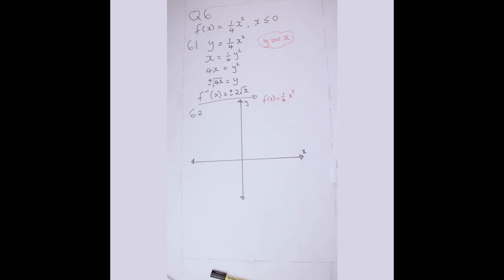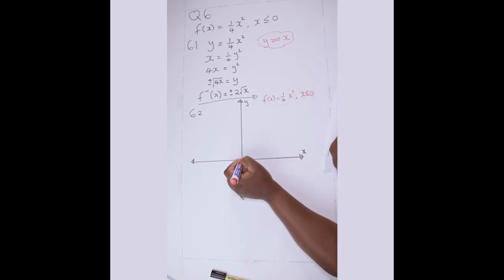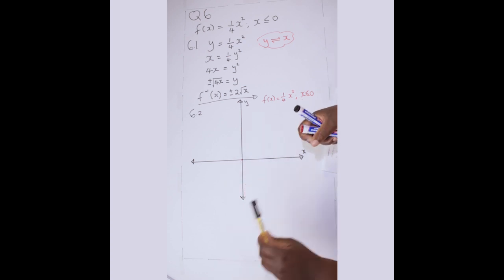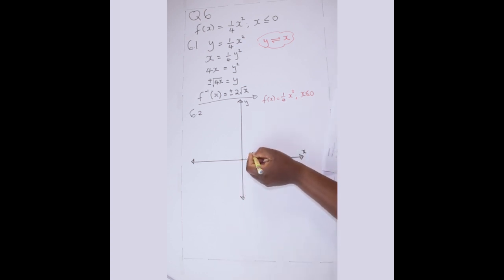And we have been given a restriction that whatever we do, we have to put our graph where x is less than or equal to 0, meaning on the negative side of x from 0. Now the x-intercept and the y-intercept in this case are going to give us 0. Okay. Now if it was normally so, our graph was going to be in this format.